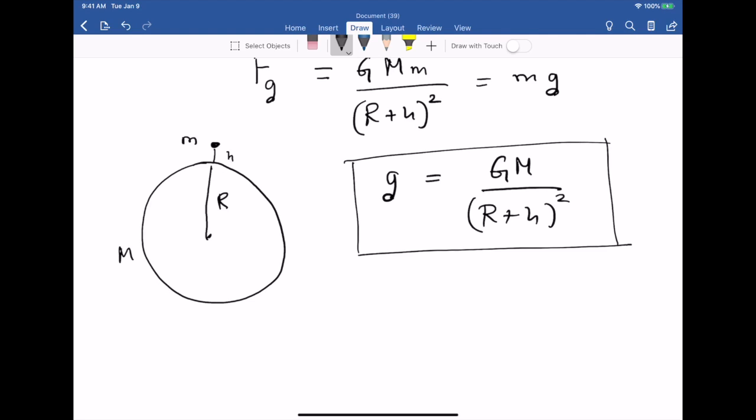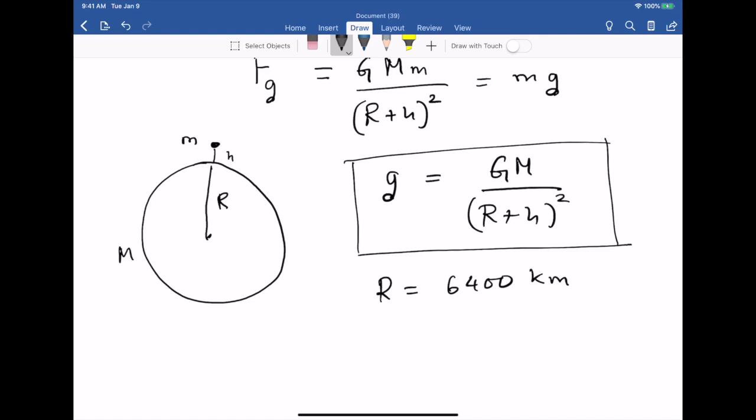Now, suppose we are talking about normal heights, like an object being dropped from the top of a building or something like that, like all the cases that we've looked at so far. So what is the radius of the Earth? The radius of the Earth is 6,400 kilometers, and most average heights, like the height from the top of a building or the height of a hill, are very, very small in comparison to 6,400 kilometers.